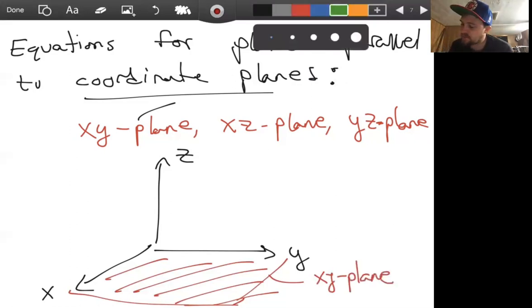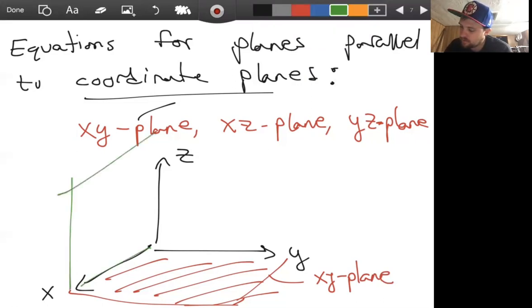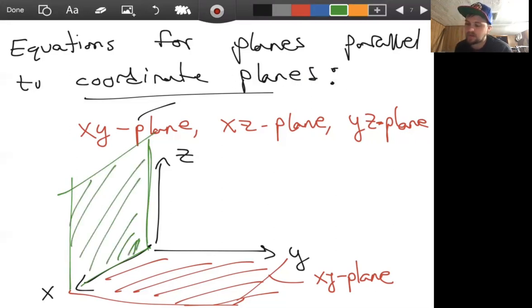Let's look at the xz plane, right? The xz plane is now where you exclude y here, and we have the XZ plane like this, which would be kind of upright, if you will, right? Because Z is vertical in your screen and X is in and out of your screen. So it would be this upright plane, right? And then the YZ plane, so let me write here, this is the XZ plane.